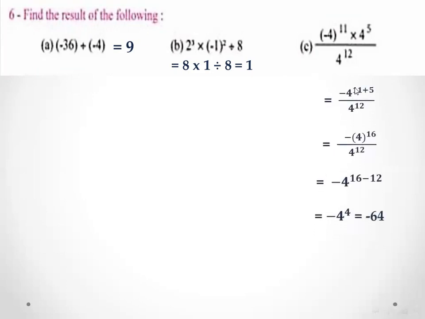Negative 4 to the power, add the powers for multiplication, 11 plus 5, over 4 to the power 12. I still have the negative sign out. 4 to the power 16 over 4 to the power 12. Keep the negative out. 4 to the power 16 minus 12. Keep the negative out. 4 to the power 4 equals negative 256.